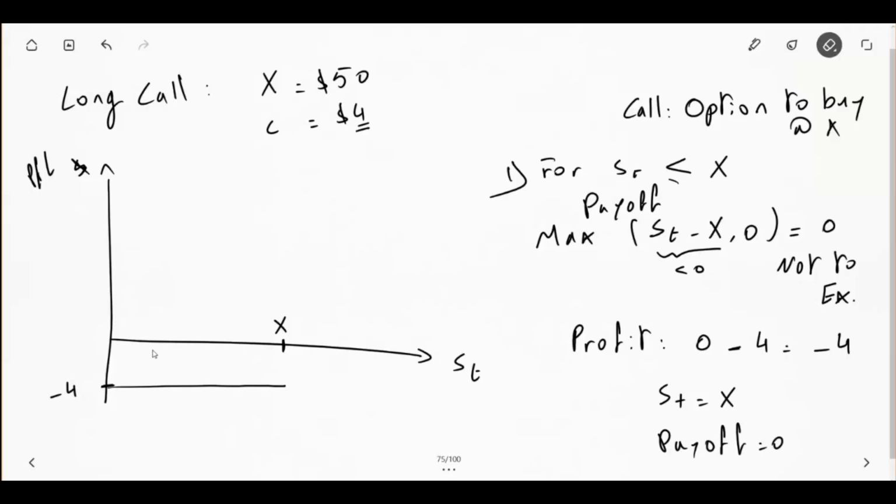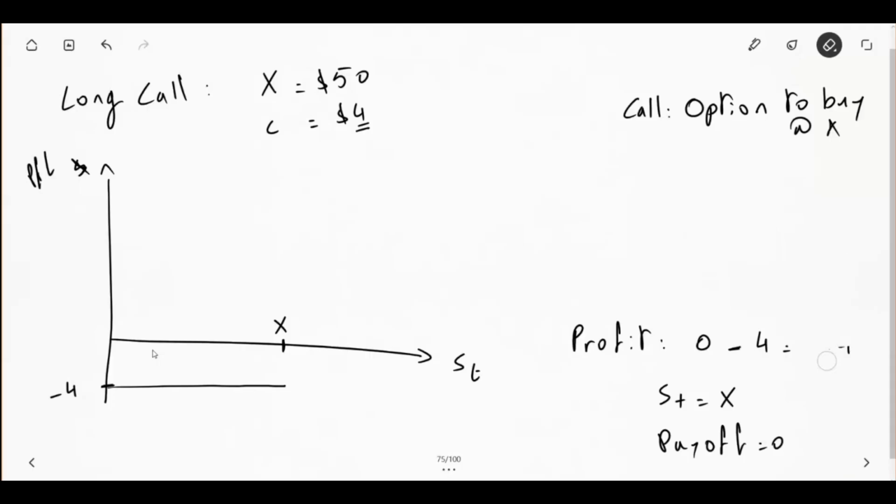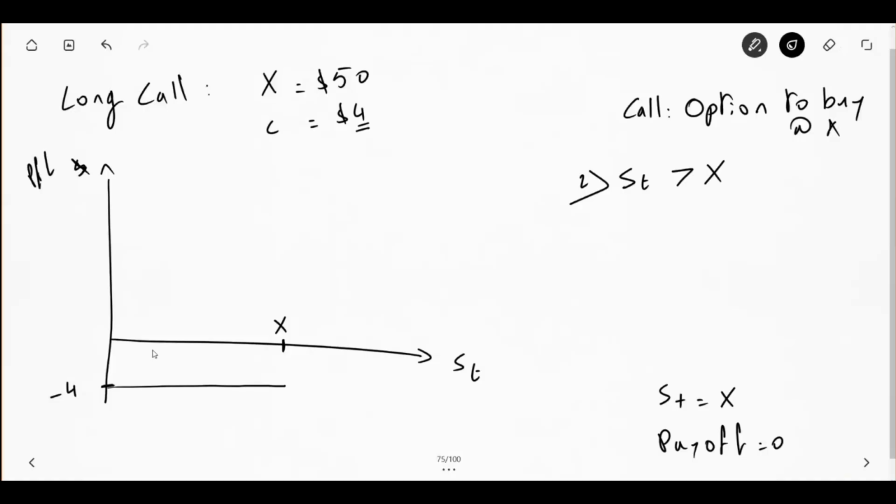So now for the second case, I will take ST greater than X. So if ST is greater than X, in this case, the payoff is the maximum of ST minus X and 0.